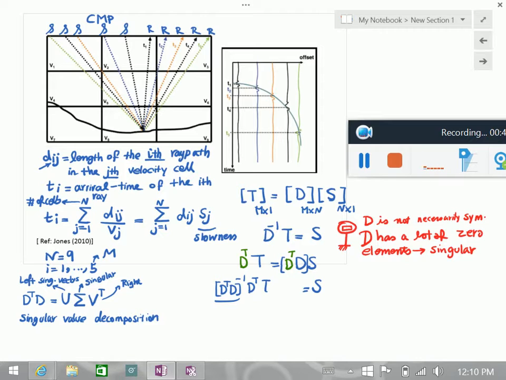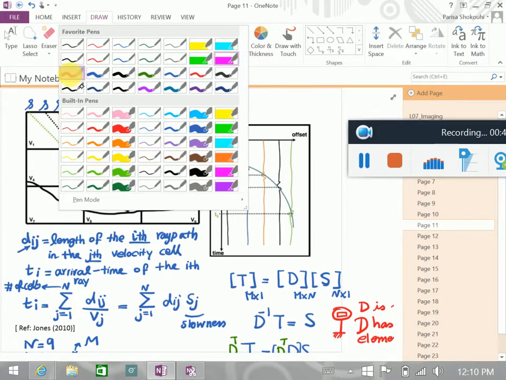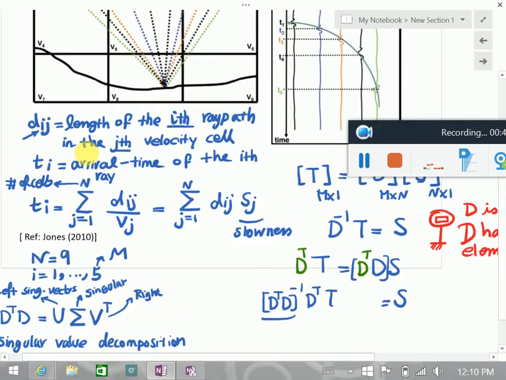Now, there is another problem. Even if we could invert this, could we just solve this directly like that? Imagine that we could invert this. We could find a way. One of these approaches I told you would work.